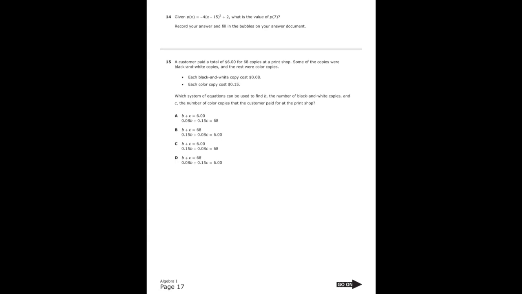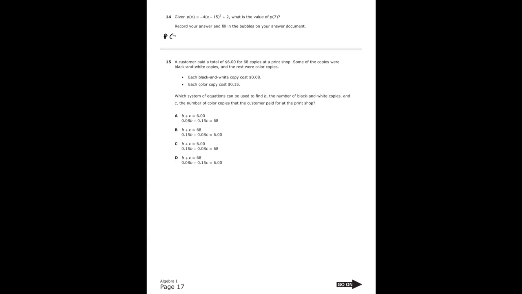Number 14, given that p of x equals negative 4 multiplied by x minus 15 squared plus 2, what is the value of p of 7? Okay, that simply means that we're going to replace every instance of x with 7.